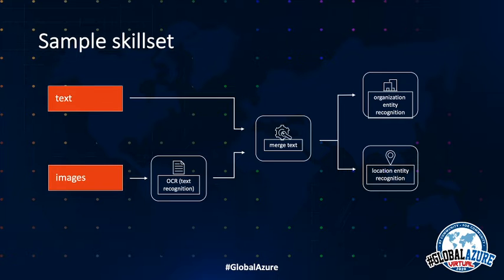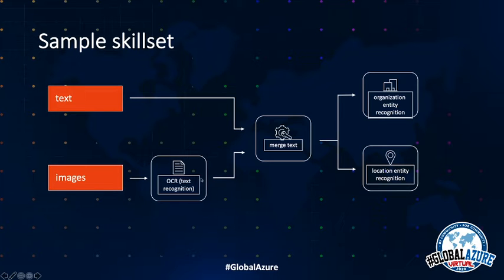So this is a sample skill set. In our original data, we have text files, and we also have images. These images contain text. So we can create a skill set which uses the computer vision cognitive service with the OCR functionality. This OCR will extract the text that is contained in these images.